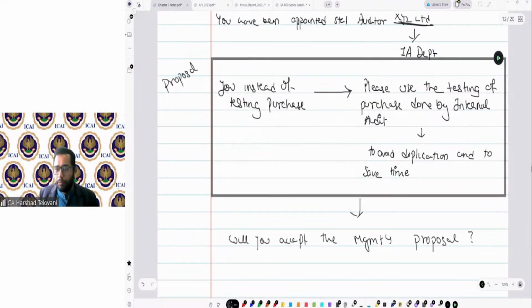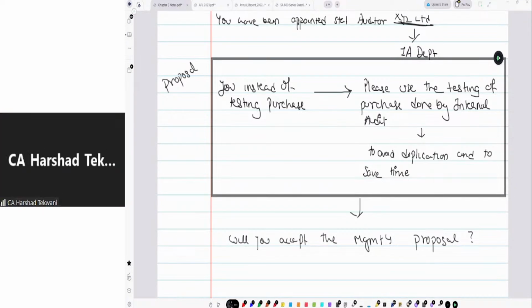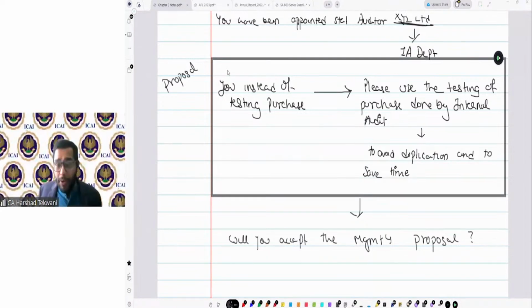Simple. Management has come to you: please use the testing done by the internal audit team to avoid duplication of testing and save time. Will you accept the proposal? By this, if you accept, you can save, for example, a day of whole testing. Come on, guys. Will you accept this particular proposal? Yes, no.